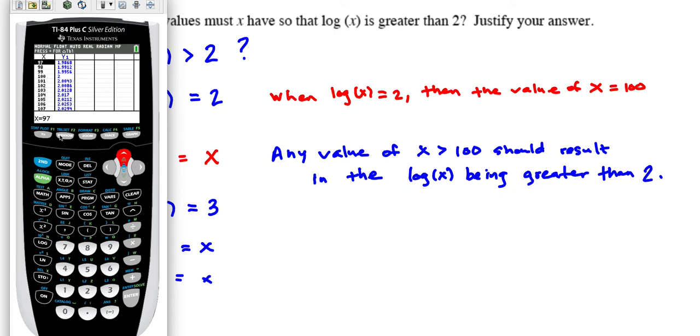Let's go ahead and look at our graph. Let's increase our x max to 200, and let's go by tens.